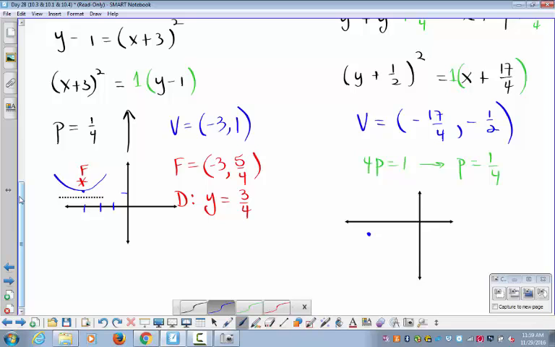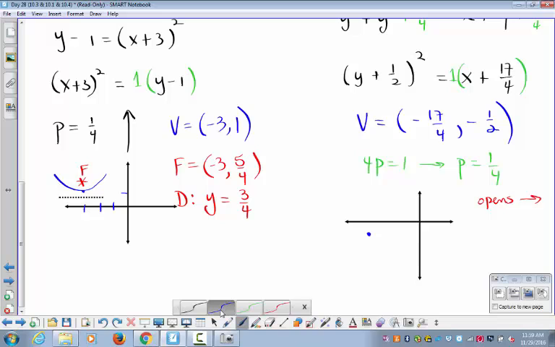What direction should this thing open? It should open where? To the right, even though I didn't mean that arrow to indicate that it's opening right. But it is going to open right, because p is positive and the y's are squared and the x's are not.